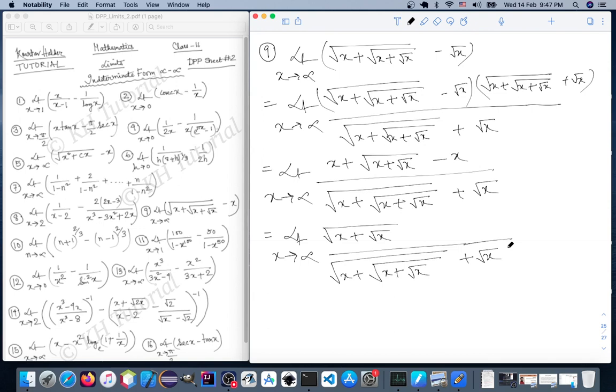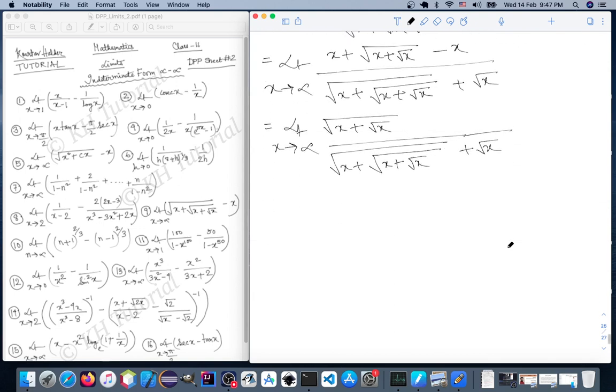So from the numerator, if we take x common, we will have inside the root 1 plus 1 by root x. Okay.